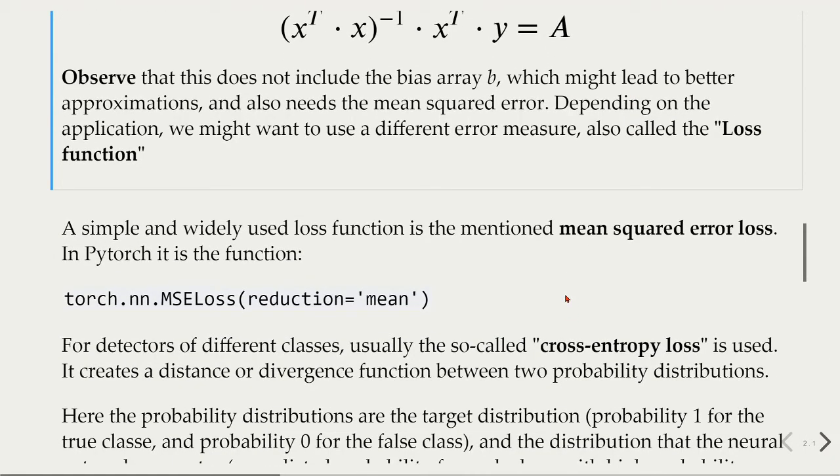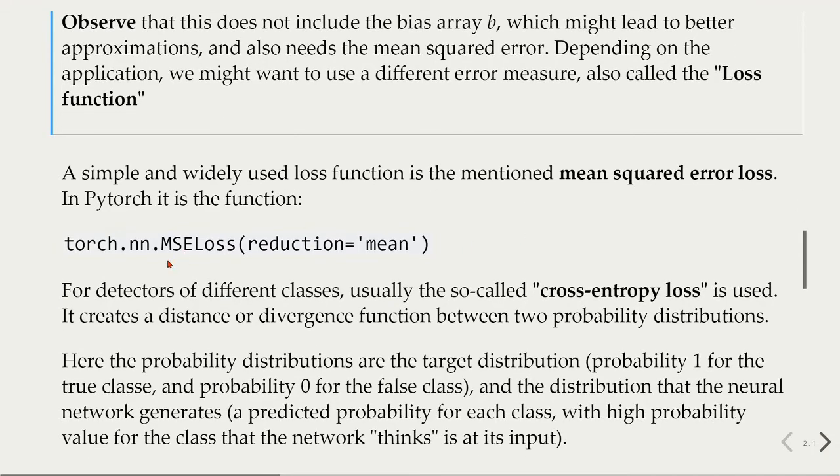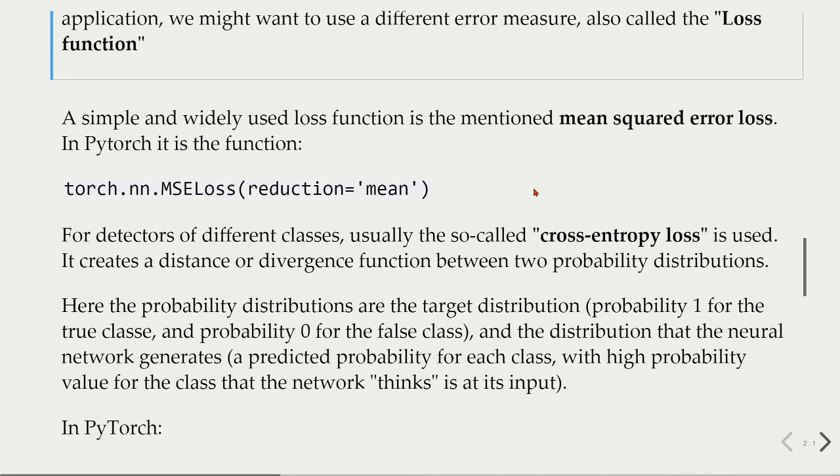A simple and widely used loss function is the mentioned mean squared error loss. So PyTorch has this function implemented as the mean squared error loss. And for detectors of different classes, usually the so-called cross entropy loss is used. It creates a distance or divergence function between two probability distributions.